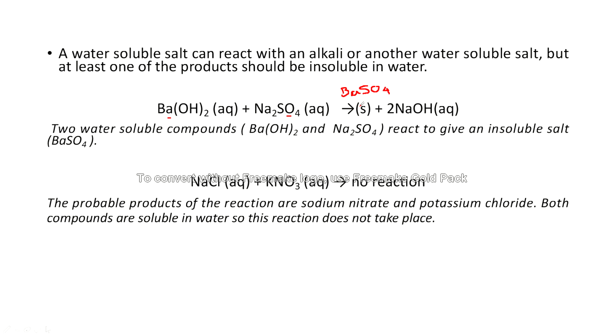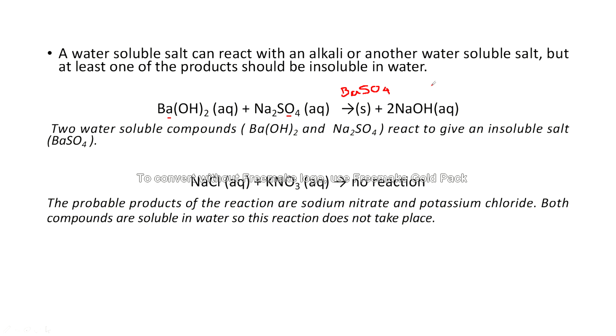The oxidation state of SO4 is 2, the oxidation state of barium is 2, they cancel. So the reaction will occur because the product is insoluble in water, that is barium sulfate.